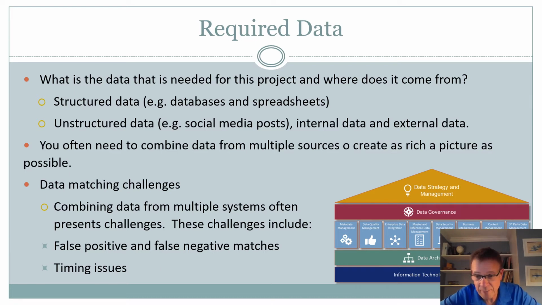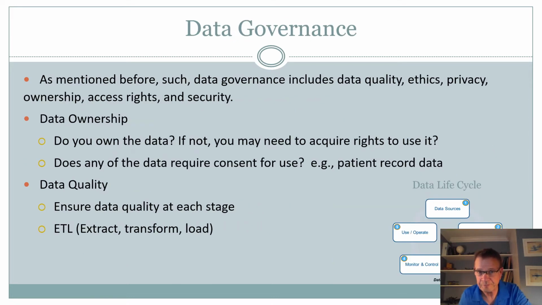She marks down her birthday as 8/1, even though she was born in January, because whereas we would mark it down 1/8. So those kinds of things can cause matching issues. So you can end up with false positive or false negative matches. You can also have timing issues where somebody may be matched based upon an old address versus a new address, and people move around a great deal. So there are a lot of challenges when it comes to matching data from different sources that have to be overcome.